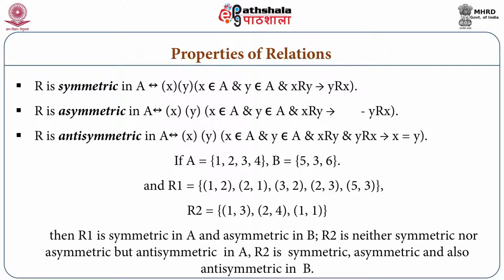Look, the members of set B are 5, 3, 6. If we look at relation 2, there is no occurrence of 5 and 6 in the ordering of the pair. So if you look at the definition one by one, you will understand that it is symmetric, asymmetric, and also antisymmetric in B.